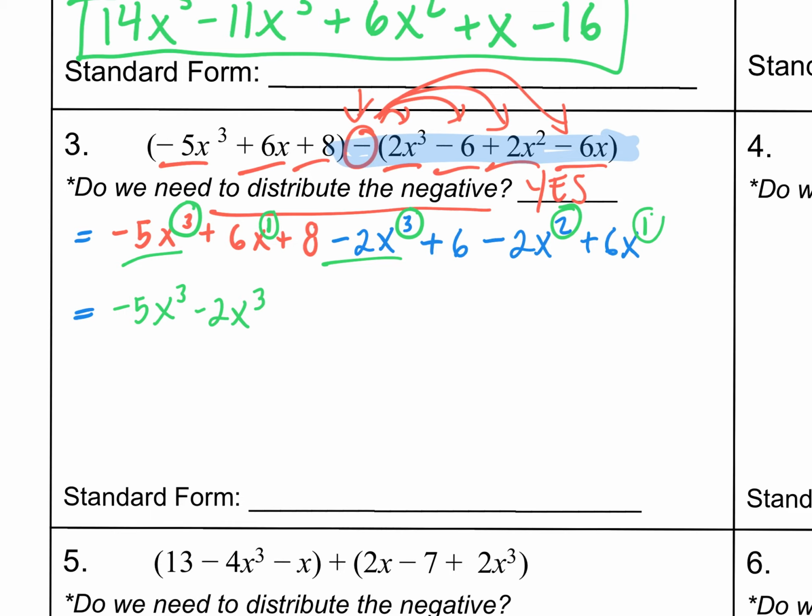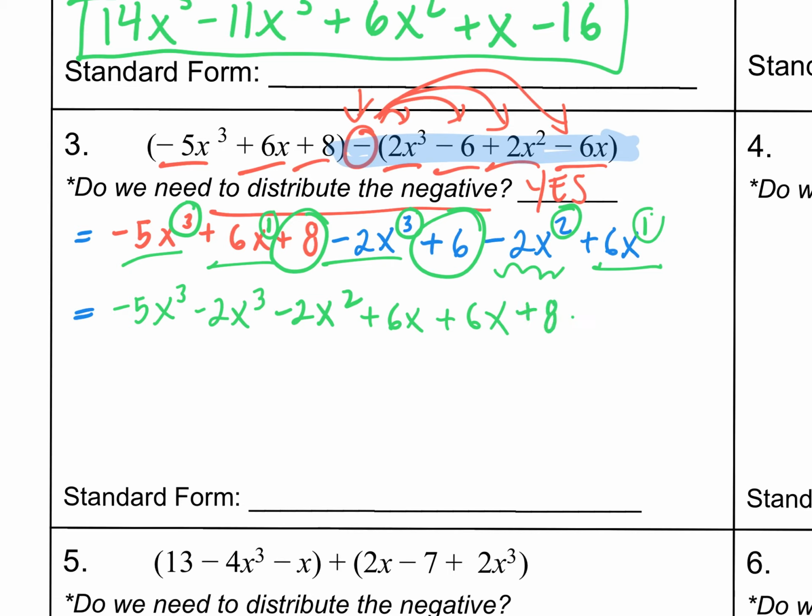And then the next highest is squared, the 2, so minus 2x squared. Then we have 6x and 6x, so plus 6x plus 6x. And then the last terms we have not accounted for are the constants, 8 plus 8 and plus 6.